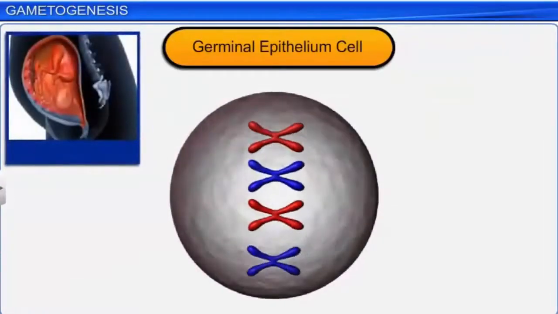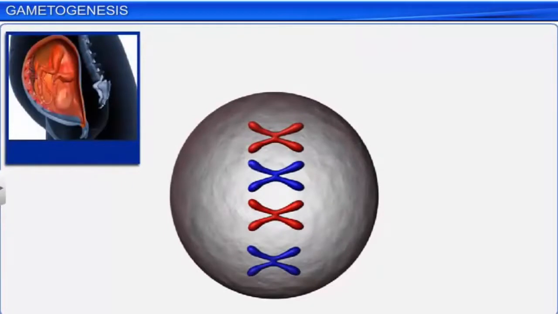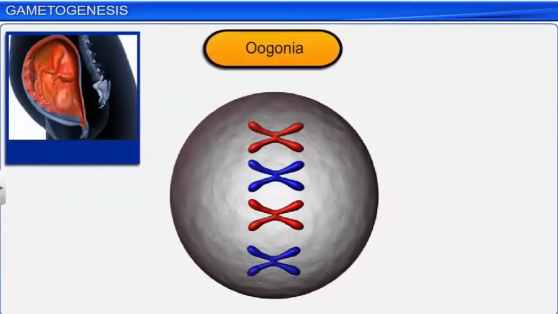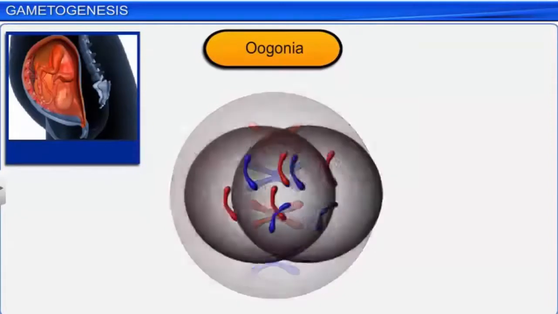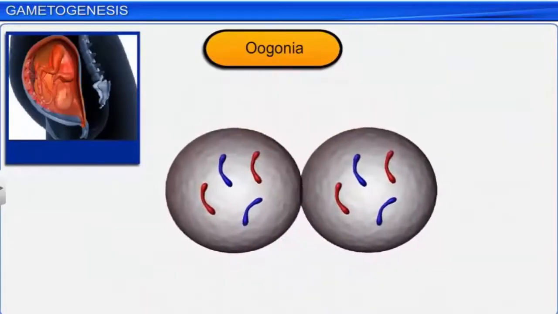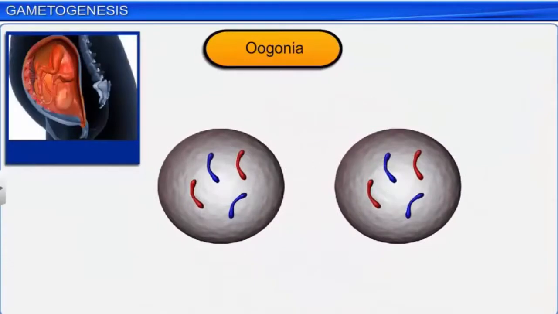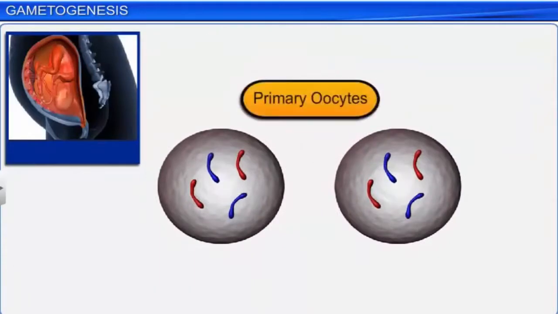When the germinal epithelium cells in the ovary of the fetus divide mitotically to form gamete mother cells called oogonia, a few oogonia divide again to form two immature cells called primary oocytes.